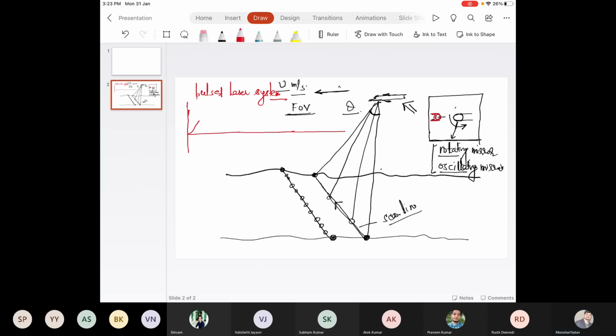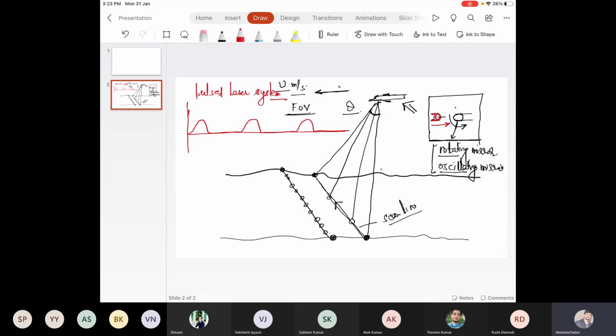Okay. So one pulse is fired, there is a gap. Second laser pulse is fired, there is a gap. Third laser pulse is fired, there is a gap. Fine. And this is a periodic signal. So in this fashion, this laser source is firing the laser beam.